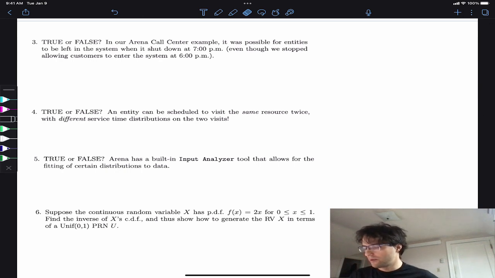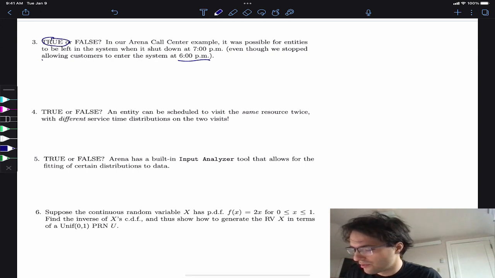Even though the last possible time that customers could enter the system is 6 p.m., due to the nature of the simulation, and the chance that a callback could occur and customers could stay in the system longer, this is true.